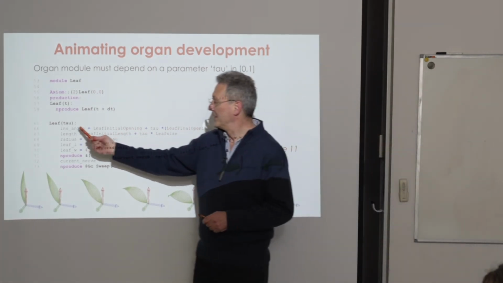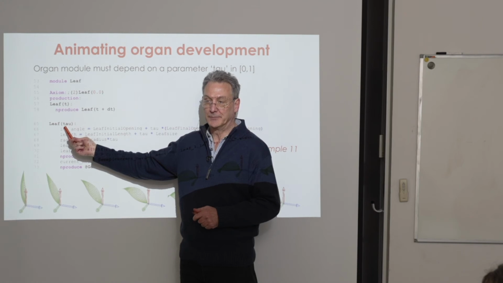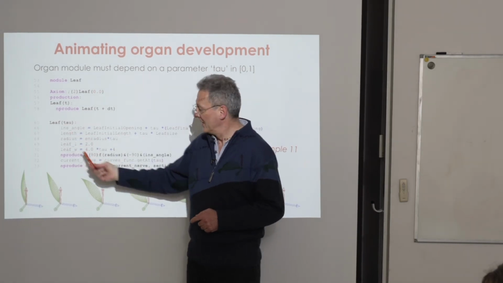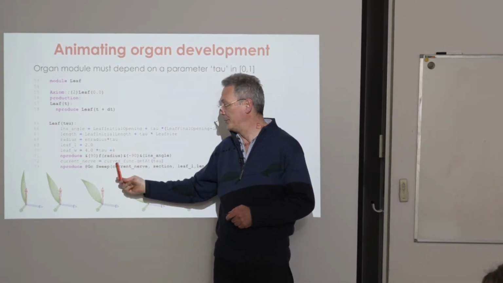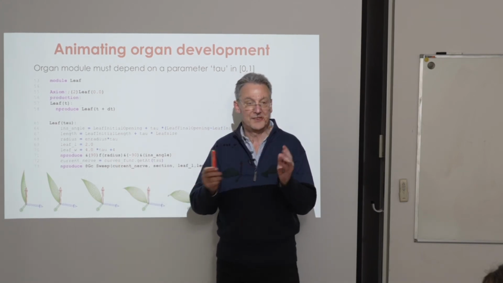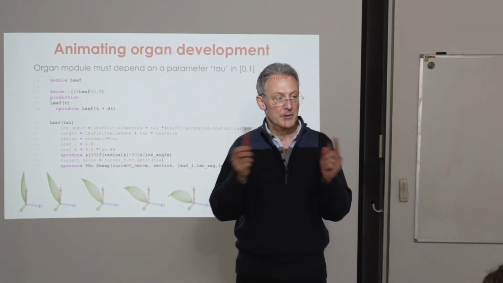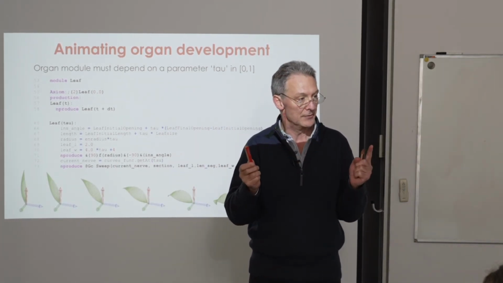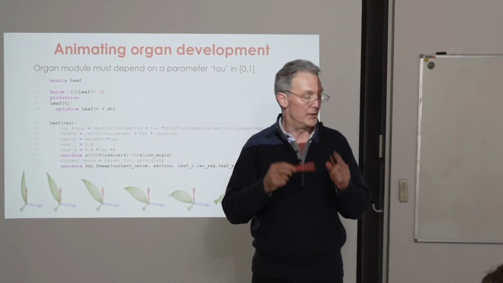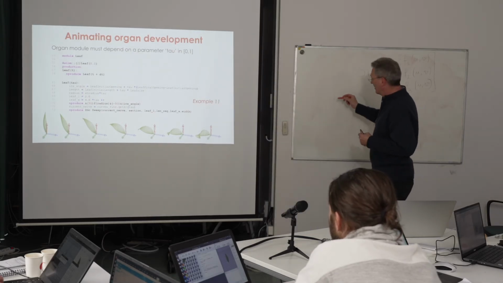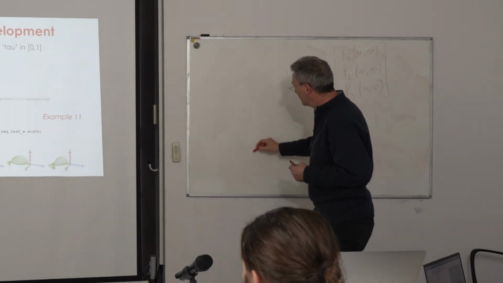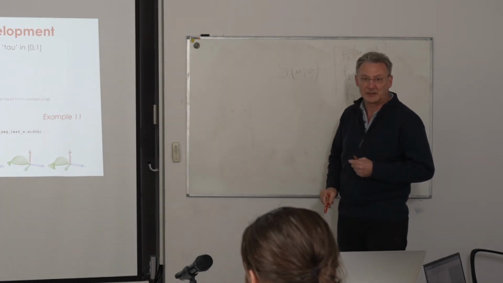How would you do this? Here, you need to put a new parameter in the leaf that I would use to compute the curve. Instead of having one single curve, now I will have a set of curves. Let me take this. I would just put the nerve. The nerve would be straight in the beginning.